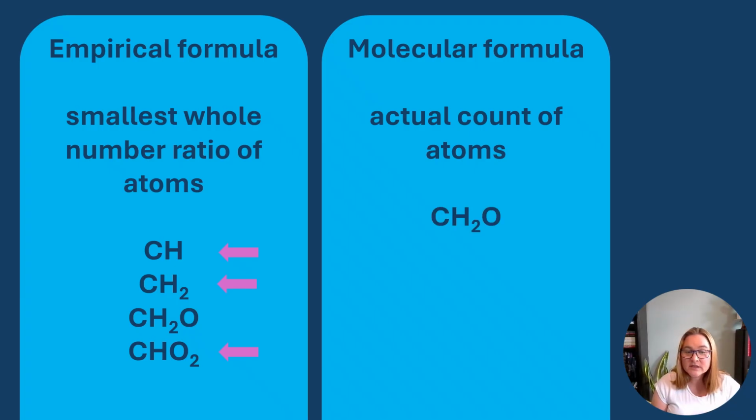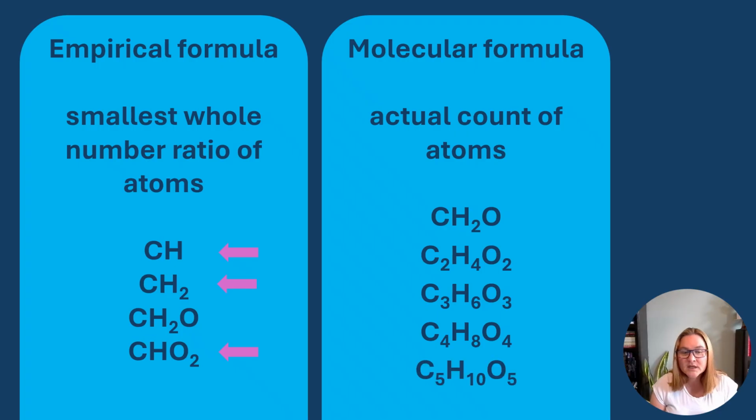This empirical formula represents a possible and very real molecule, but many more molecules that are multiples of this formula also exist. Notice that in all 5 of these formulas, the ratio of the atoms is 1 carbon to 2 hydrogens to 1 oxygen, regardless of the total atom count. So all 5 of these molecular formulas represent different molecules that share a common empirical formula.